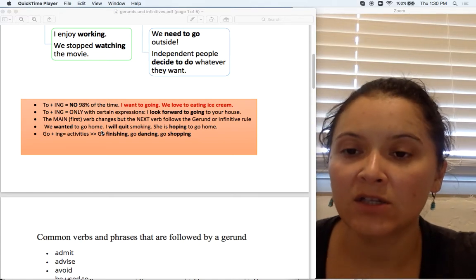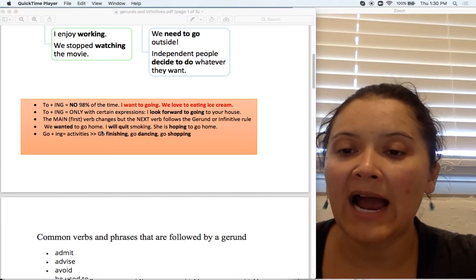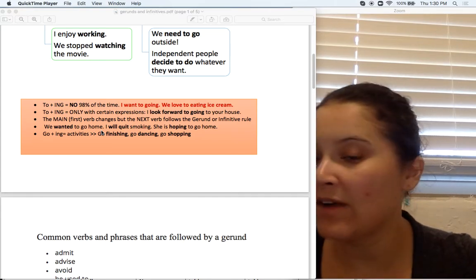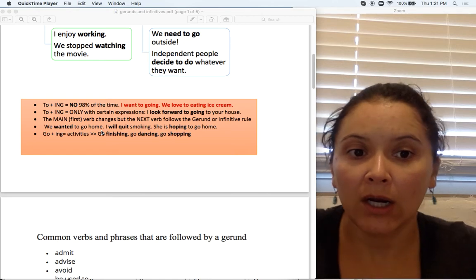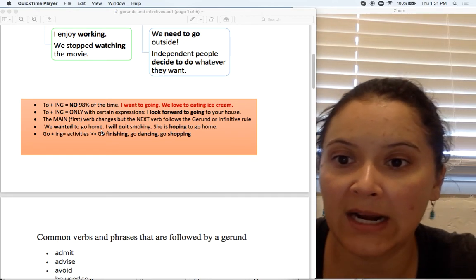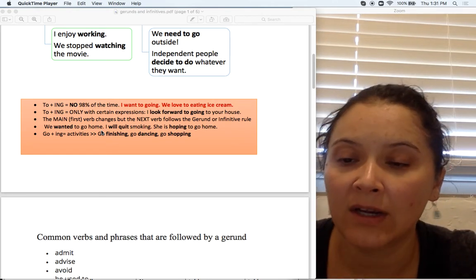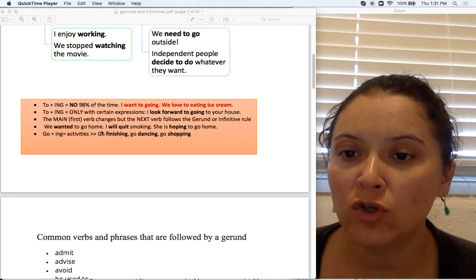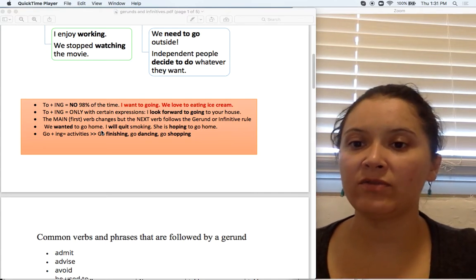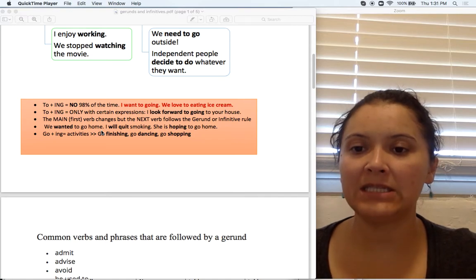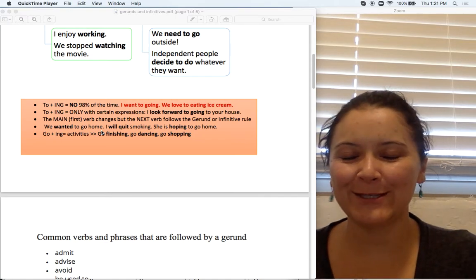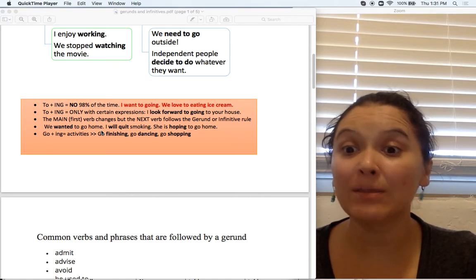"I want to sleep right now." "I will want to have ice cream later in the future," right? "I have wanted to go home for 5 hours." Later we will get into this, but this is what you call the present perfect.